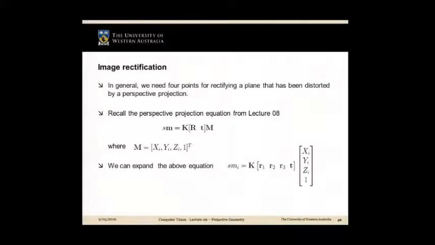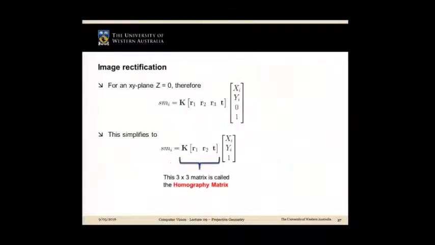Now we can expand the above equation in this particular way. You already know R and T is a matrix. It has all the values of the rotation matrix and all the values of your translation matrix. Now, for simplicity, we are considering a plane XY that's orthogonal to us. So we are setting Z equal to 0.